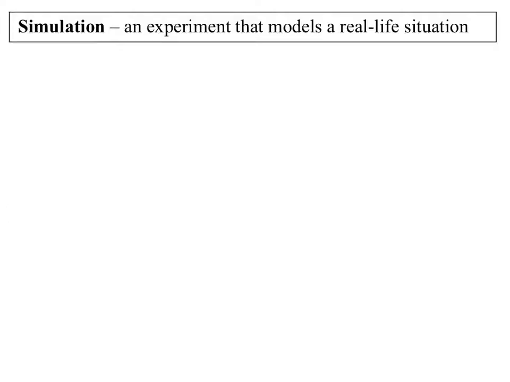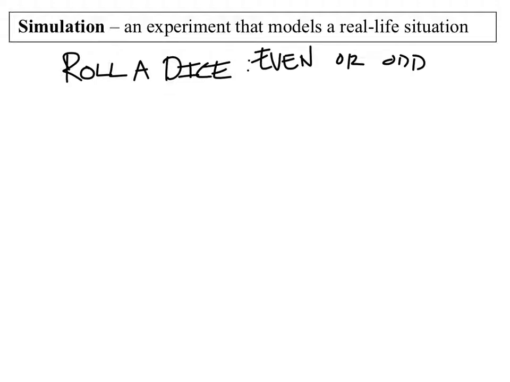So a simulation is an experiment that models a real life situation. So for example, we would be looking at maybe rolling a dice. Alright. So we have the possibility of getting even or odd, for example. And it would be helpful to know the probabilities of these. Okay, we're not actually doing it.